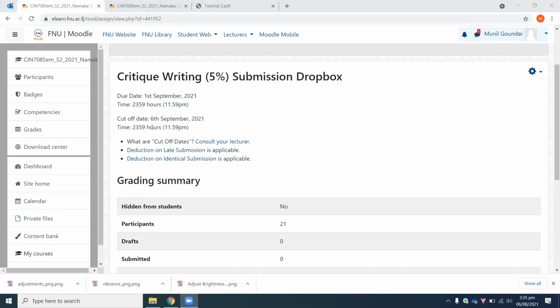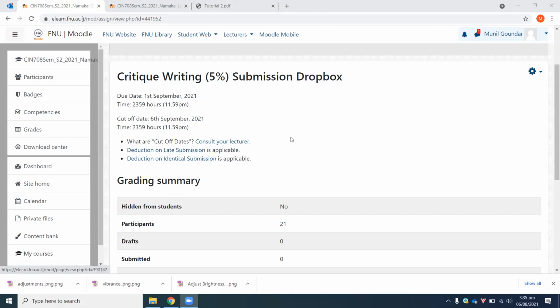If you try to submit your assignment on the 7th, you are not allowed to do so and you get a 0. So cutoff date simply means the maximum time that you are allowed to submit your assignments even after the due date. But once you reach this date and time, it's the red light for you. That means after that you cannot submit anymore. So that is cutoff date.